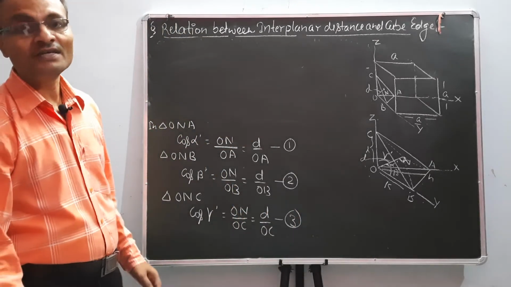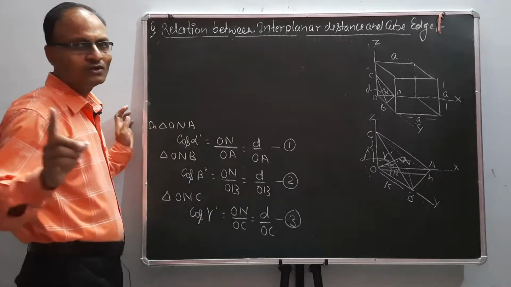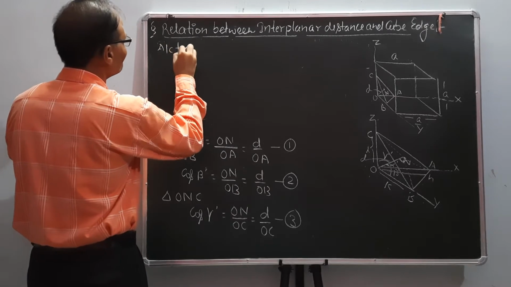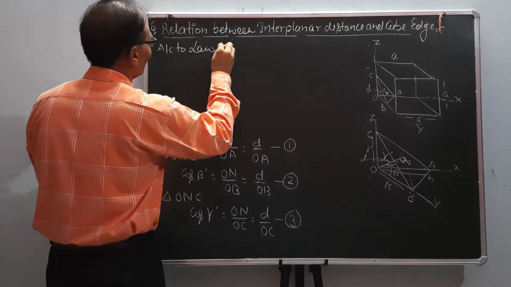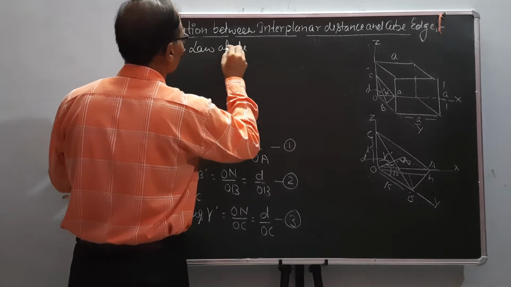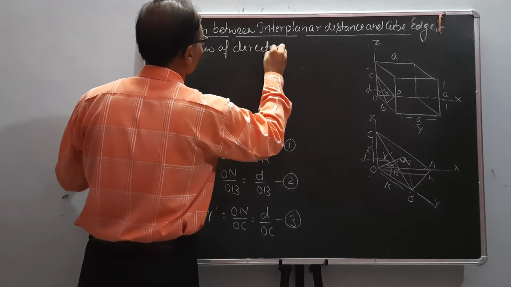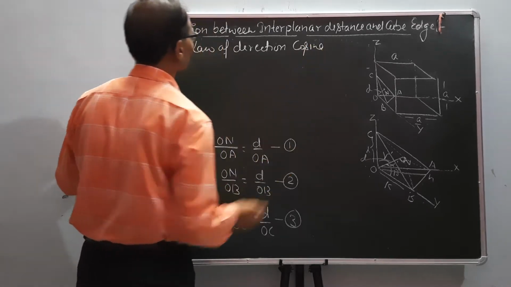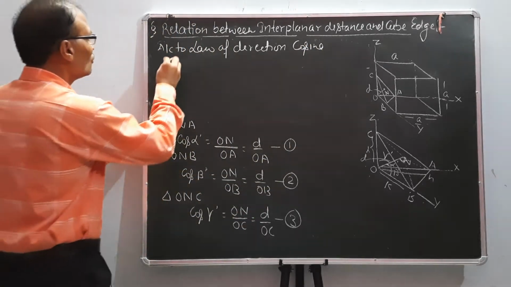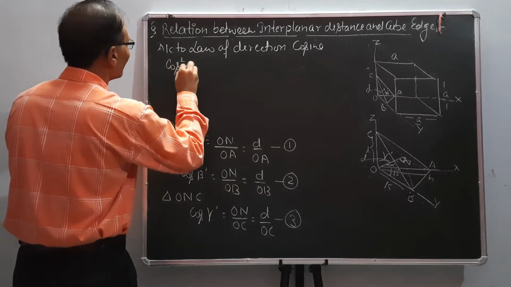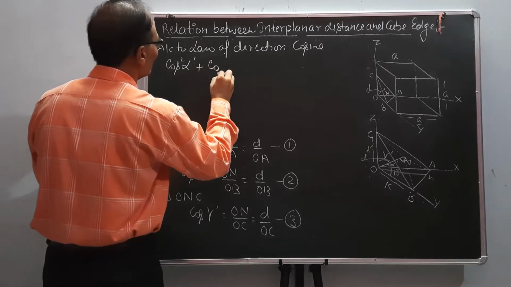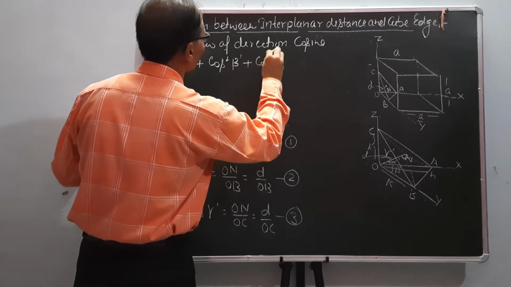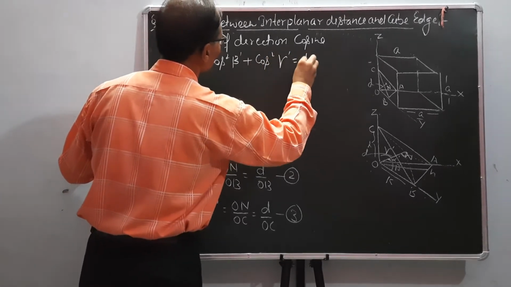According to the law of direction cosine, do you know the law of direction cosine? What is the law of direction cosine? Cos square alpha dash plus cos square beta dash plus cos square gamma dash equals 1.